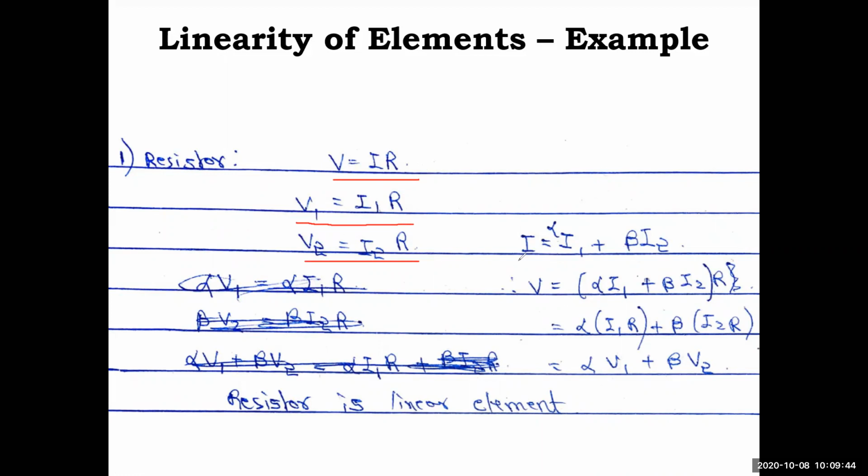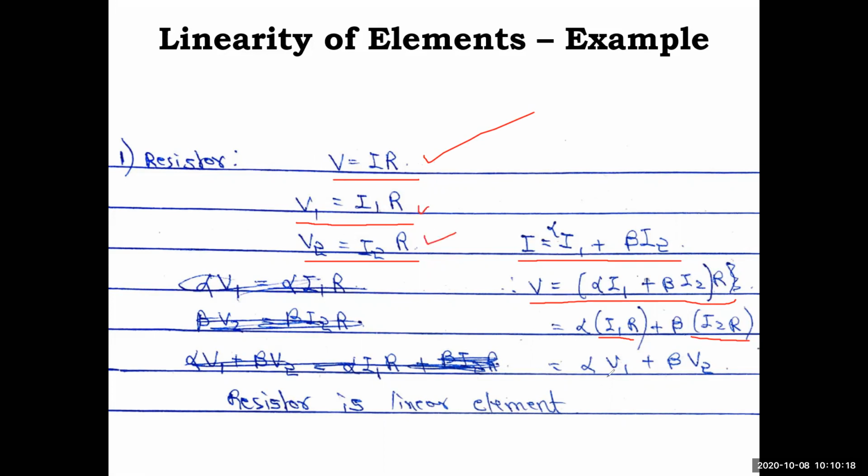Now we substitute I equal to alpha times I1 plus beta times I2. That means superposition along with homogeneity is clubbed here. Now if we substitute in V equals I R, what do you get? I is nothing but alpha I1 plus beta I2, times R. Multiplying, we get alpha I1 R plus beta I2 R, and now we group I1 R and I2 R, which are nothing but V1 and V2.